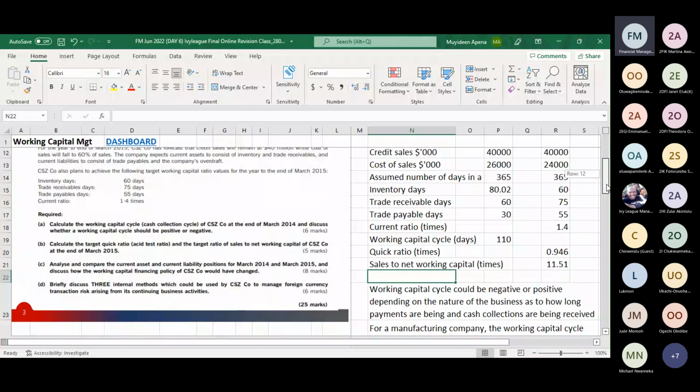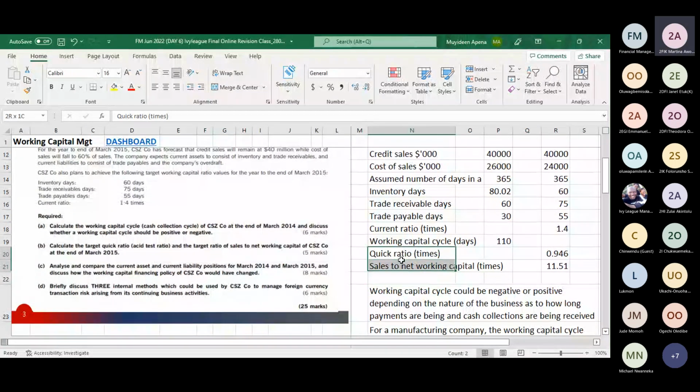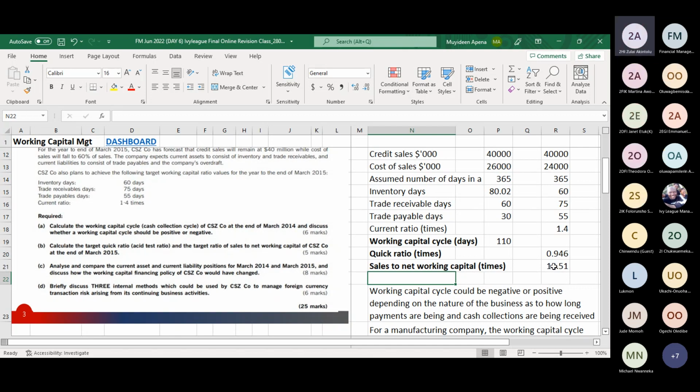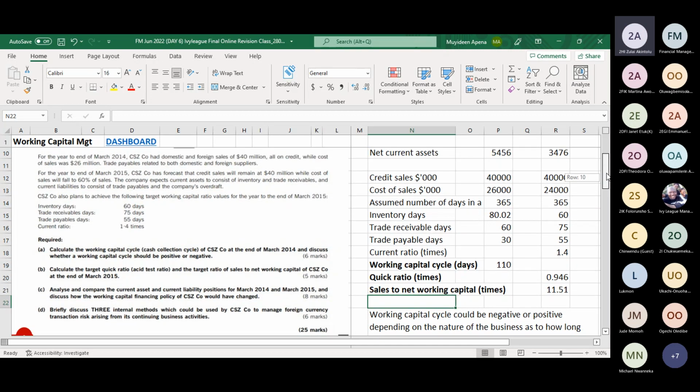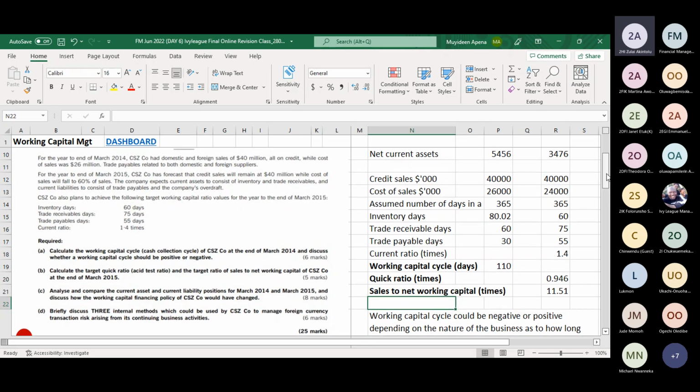So the next thing is C part. Any question on this? Let me know. Okay. Sorry, sir, please, can I see how the sales to net working capital was gotten?